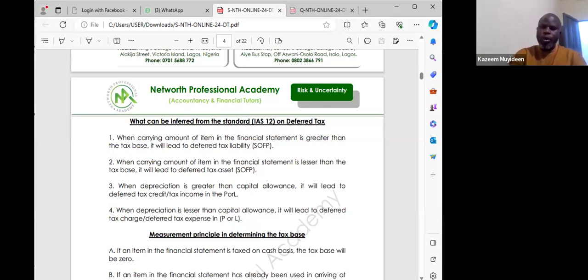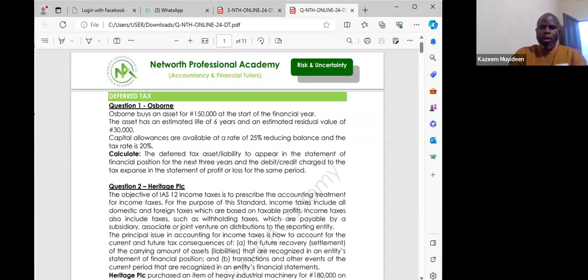Good. For example, let me share. Now, question 1, Osborne Limited. Osborne buys an asset for 150,000 at the start of the financial year, at the beginning of the year. The asset has an estimated life of 6 years and an estimated residual value of 30,000.